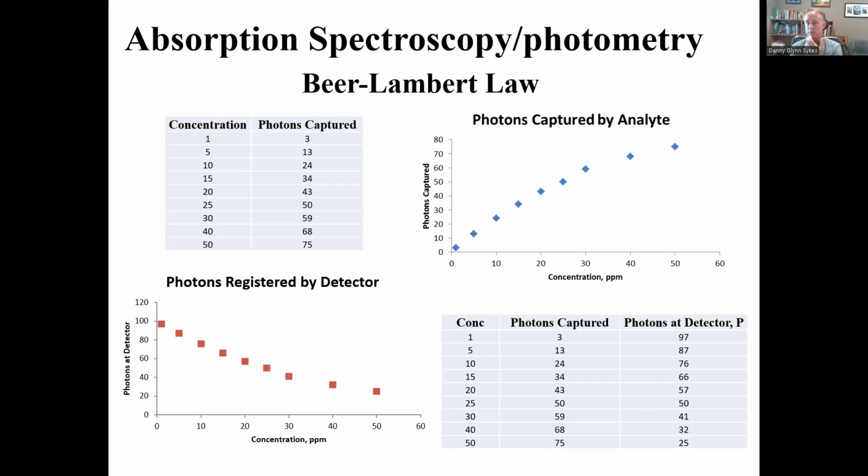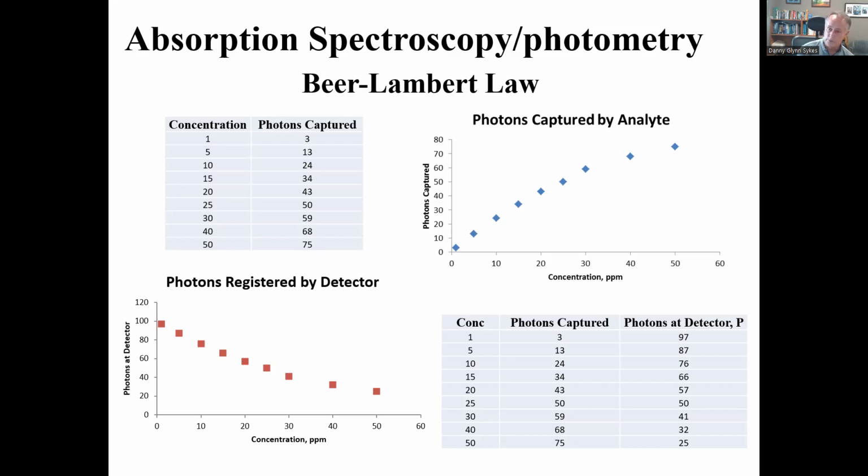How many are absorbed versus how many make it through and hit the detector? And as the concentration increases from 1 to 50, no particular units here, I can see that the number of photons absorbed by the sample increases. With more analyte molecules, there's a greater chance that absorption is going to take place, or that a photon's not going to make it through.